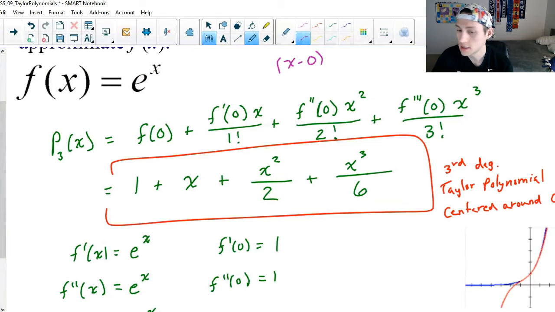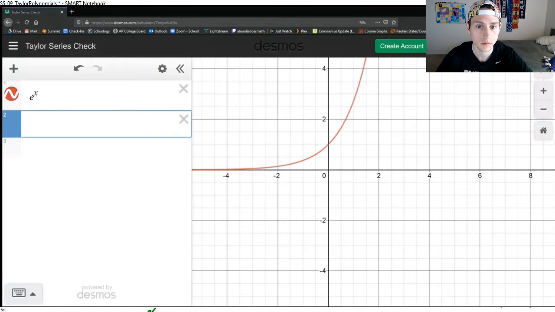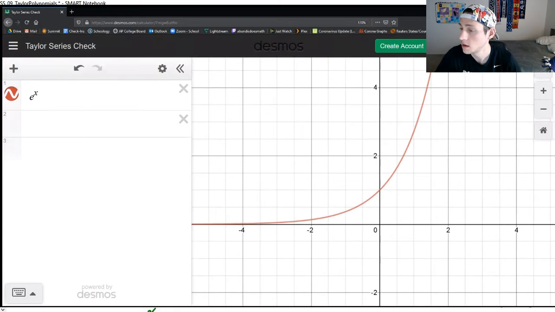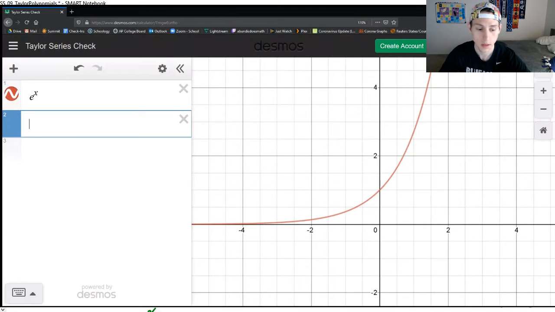Now, what is this actually doing? It's approximating. Okay, let me pull up Desmos again. So here is e to the x. Now let's look at the Taylor polynomial, and let's build it one at a time.